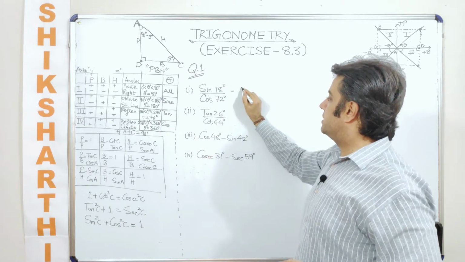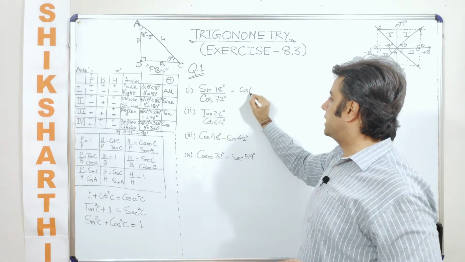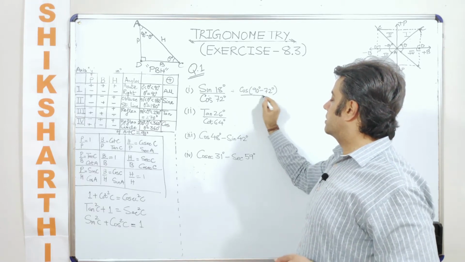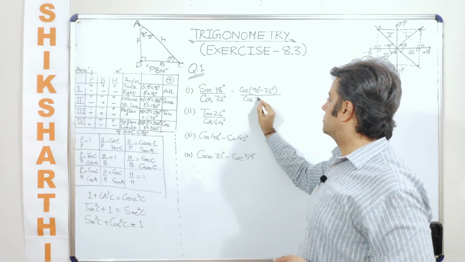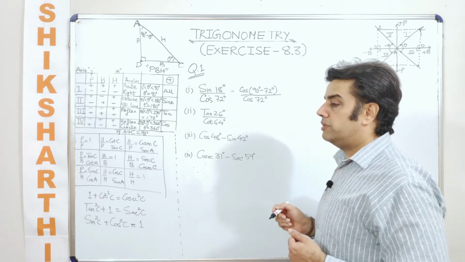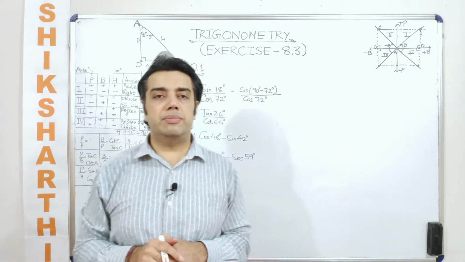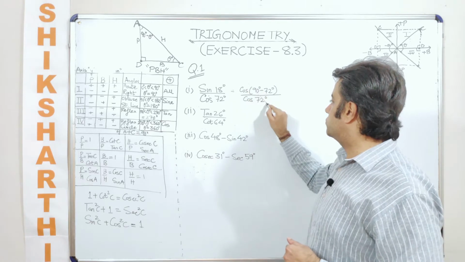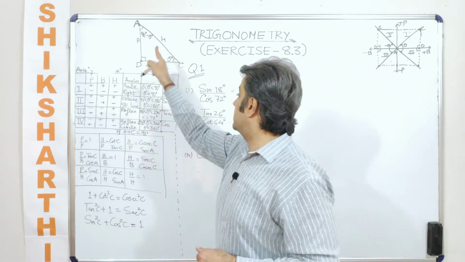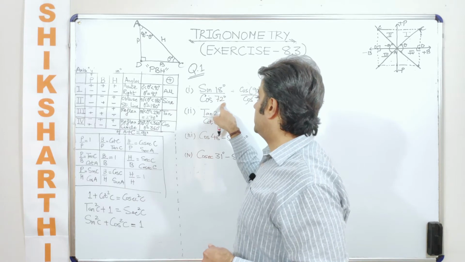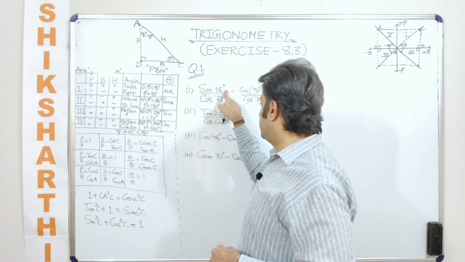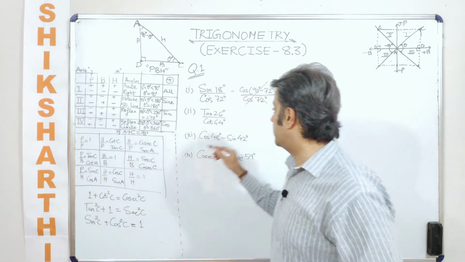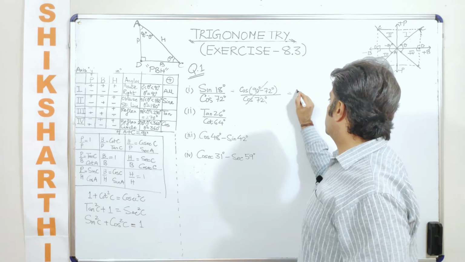Meaning thereby, this can be written as cos of 90 minus 72 degrees upon cos 72, wherein we know that sin theta is nothing but cos of 90 minus theta. Once you are able to establish this, or without even writing this, you could have said: in a right angle triangle, if A plus C is equal to 90 degrees, then sine of A becomes equal to cos of C, or sine of C becomes cos of A. In that case, this becomes equal to 1.